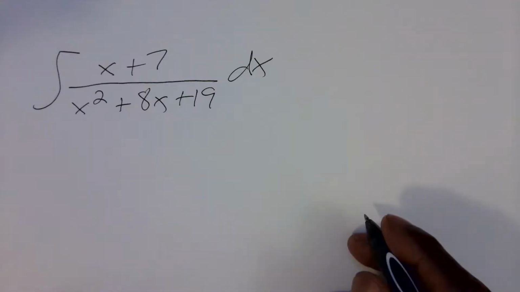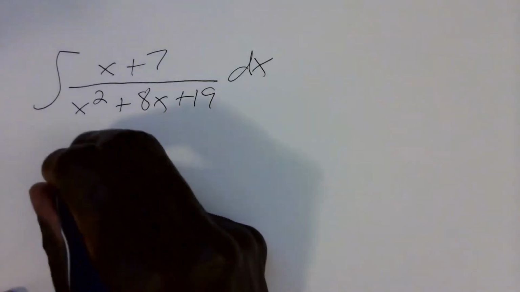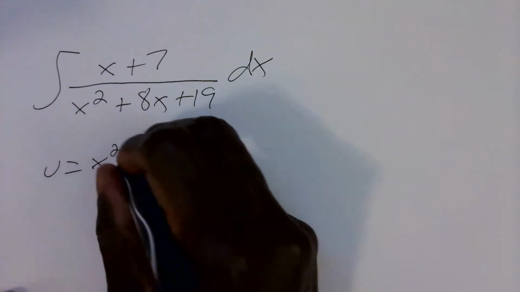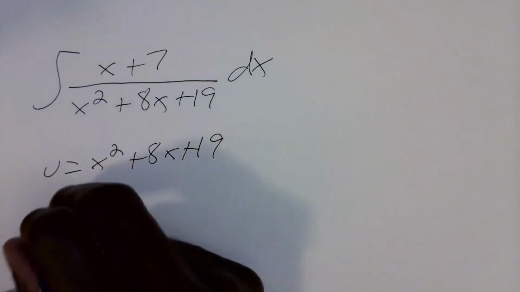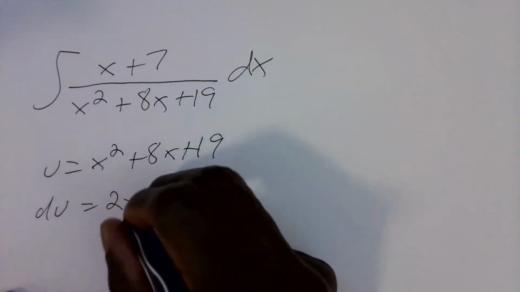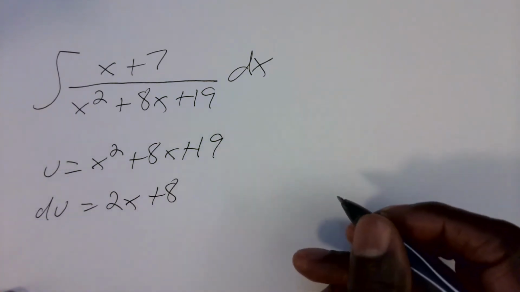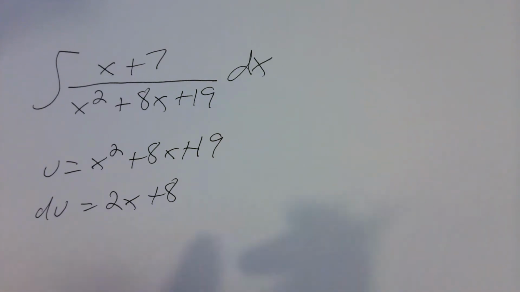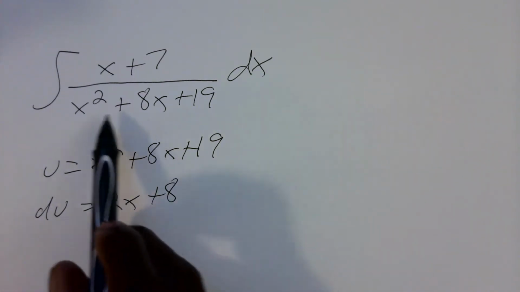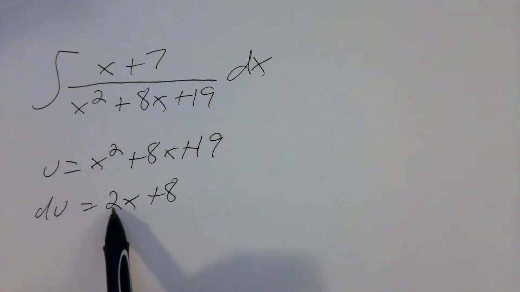So we're going to do a U substitution and make U equal our denominator, x squared plus 8x plus 19, which means du would be 2x plus 8 dx. Now you're trying to make this match: U matches beautifully, but this doesn't really match x plus 7.